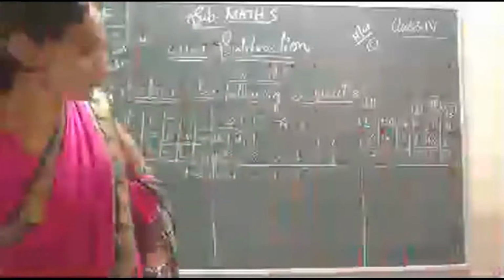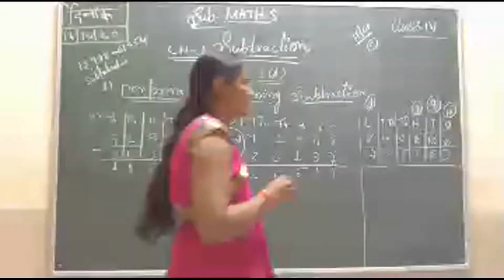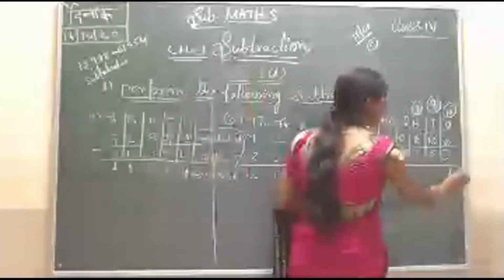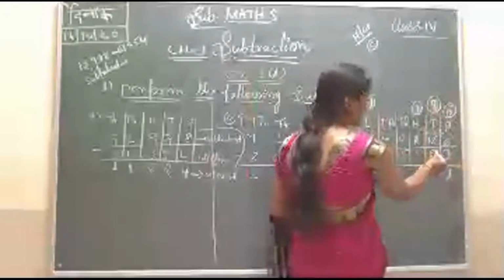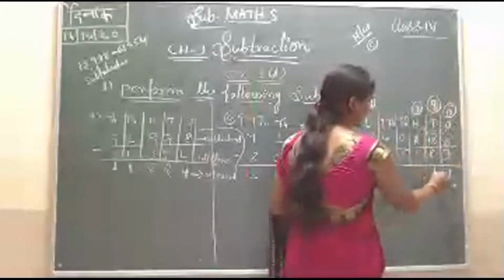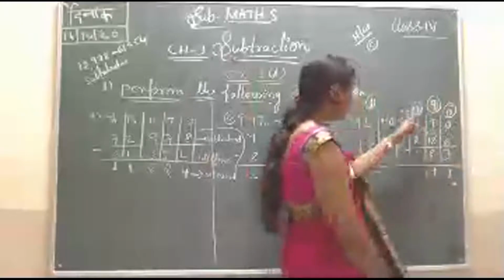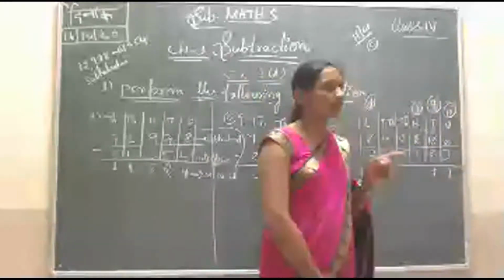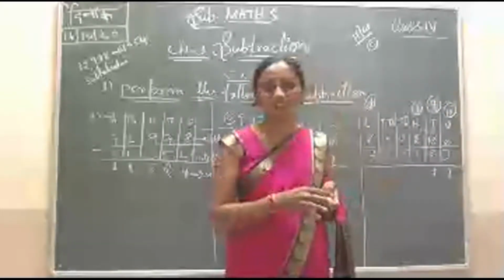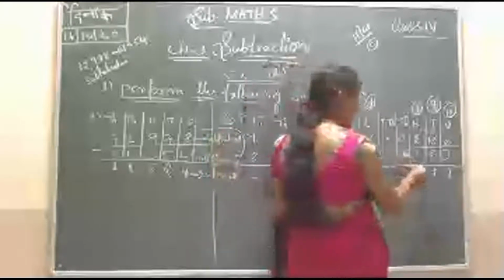Students, 10 minus 3 is 7. Yes. So 9 minus 8 is 1. So 1 minus 1, is that possible or not? Yes, 1 minus 1 is 0. Now write 0 here.